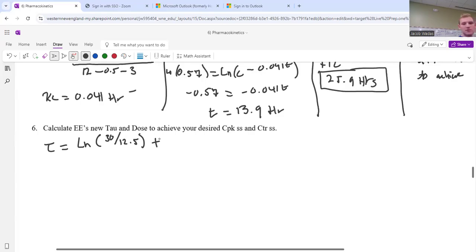All right, so we did 2 because for the population we did, it was over a gram, and the time of infusion is 2 hours if it's greater than 1 gram. Plus 1 for the T prime, and again, remember the T prime is how long after the dose you're supposed to draw the trough or the peak. Question in the chat. All right. 1 second over KE, which was 0.041.